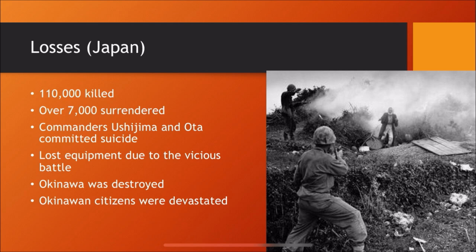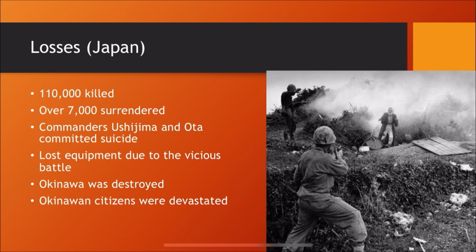Both commanders, Ushijima and Commander Cho, committed ritual suicide before the battle ended, just so that they could avoid capture and the potential punishments the Allied forces would give to them. Many Japanese soldiers and civilians did the same exact thing, fearing what would happen to them if they surrendered.